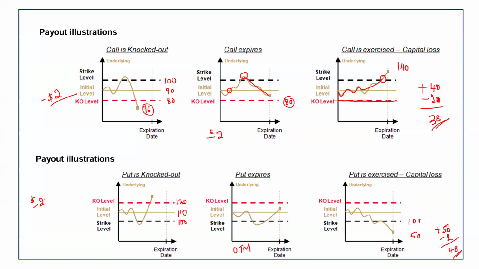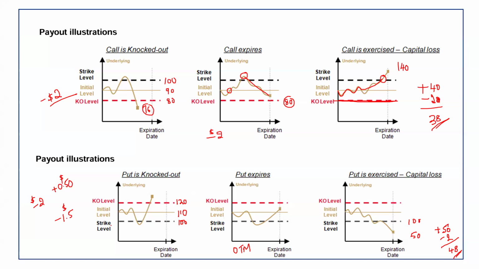We call it a rebate. Assuming the rebate was around 50 cents, as soon as the knockout happens, the holder will get a rebate of 50 cents. So the holder paid $2 and receives 50 cents. As a result, the holder's loss is only $1.5.